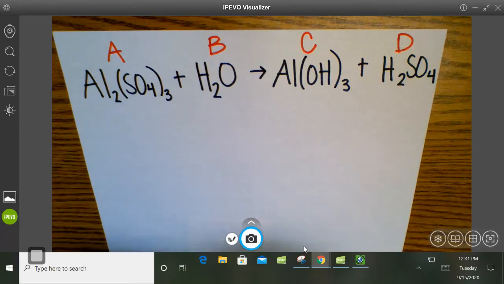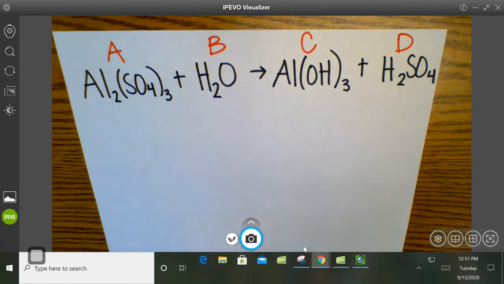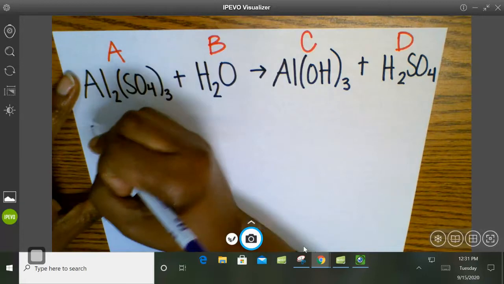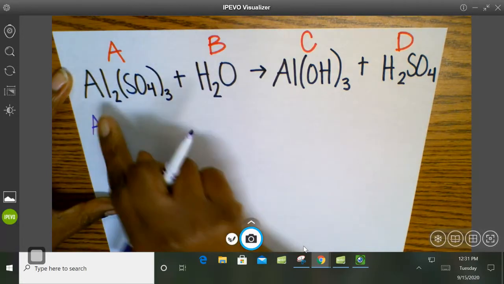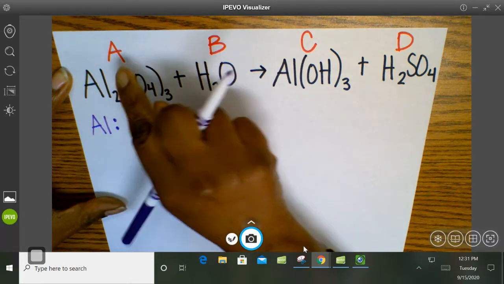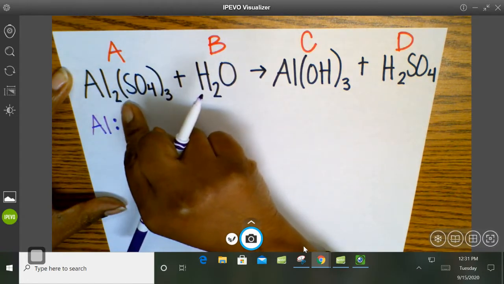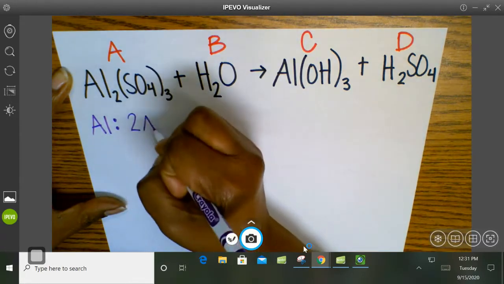The next thing I want to do is look at how many of each atom I have underneath each variable. The first one I'm going to look at is aluminum. There are two aluminum atoms underneath A, so I'm going to call it 2A.